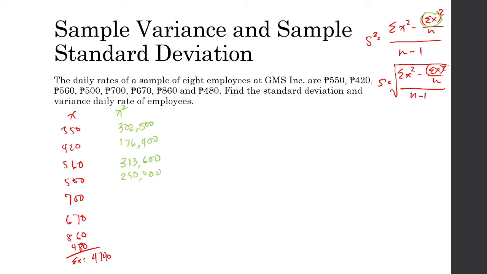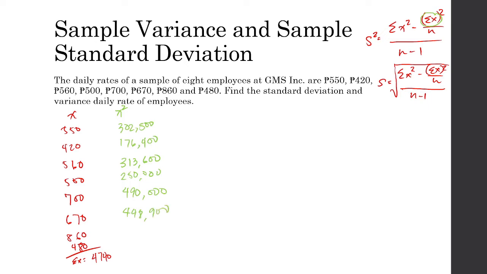Tama ba? Then we have 700 squared. That will be 490,000. And again, we have 670 squared, so that will be 448,900.